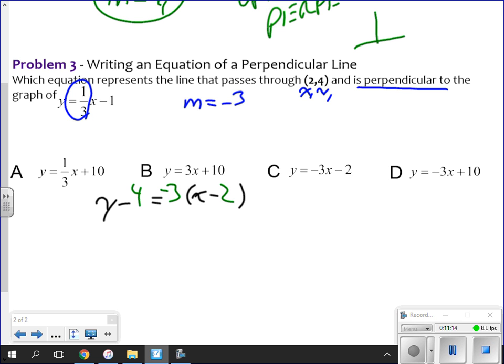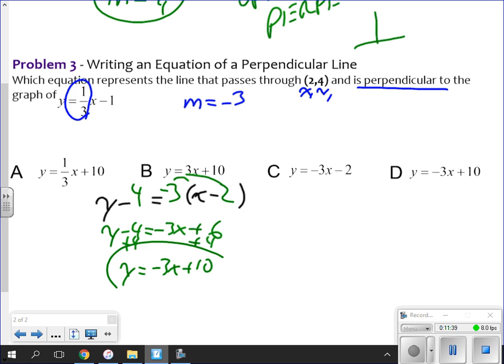We've been doing an awful lot of that. First step, distribute the -3. Y minus 4 equals -3x plus 6. I need to get the y by itself, so I add 4. Y equals -3x plus 10, which is D.